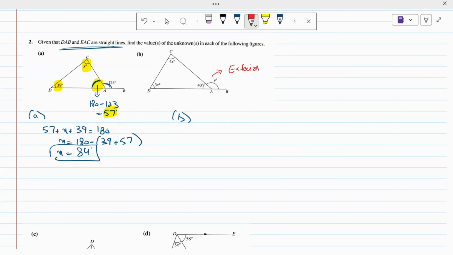To reach the exterior angle, we first need to solve the interior angles, the angles inside the triangle. Looking at the angles inside the triangle, we can make the equation as 40 plus 3x plus 4x is equal to 180. We have made use of these three inside angles.